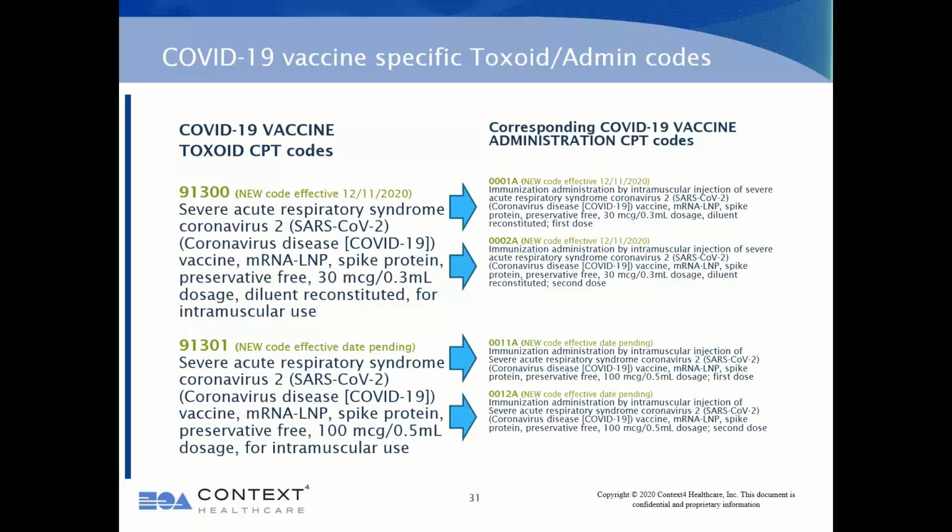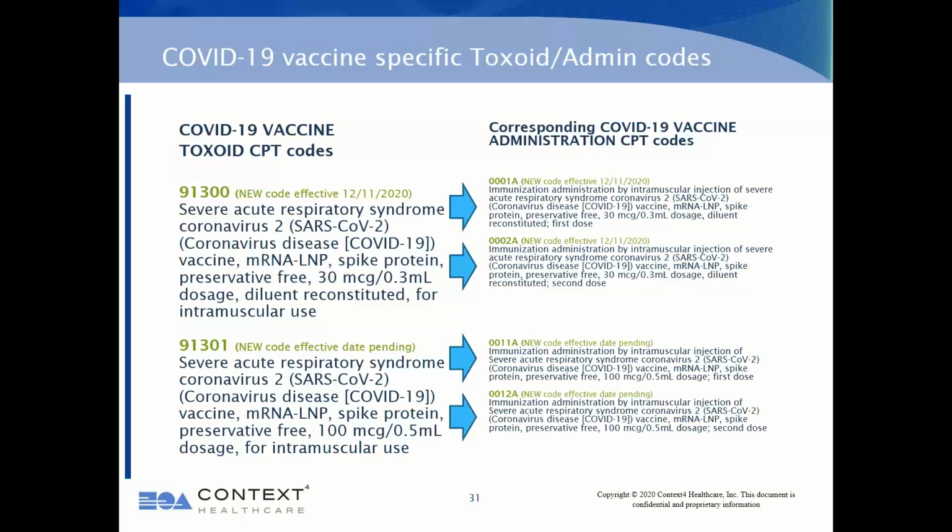The effective dates of these codes correspond to the date of FDA emergency use authorization of these 2 new SARS-2 vaccines. The Pfizer vaccine EUA date was 12/11. So the 3 codes on the top half of this slide are effective on this date.